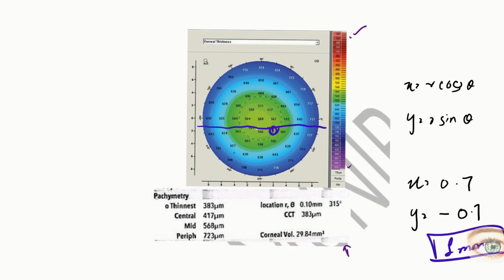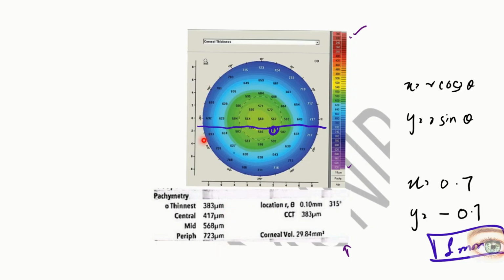Now, this point is telling us the thickness of the central point, and this is going to tell us the complete corneal thickness. This has the thickness of the midpoint, this is going to tell us the thickness of the periphery, and this is going to tell us the total corneal volume. You have to look into all those points. Why?